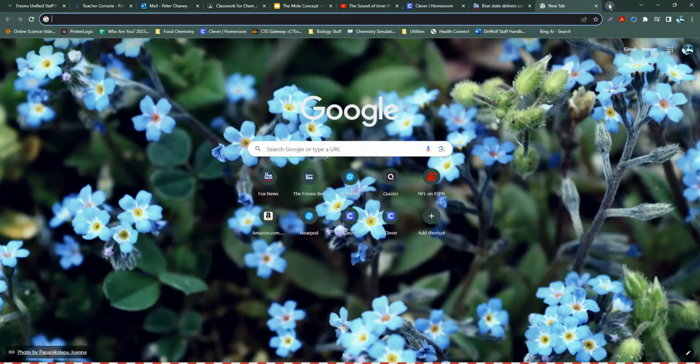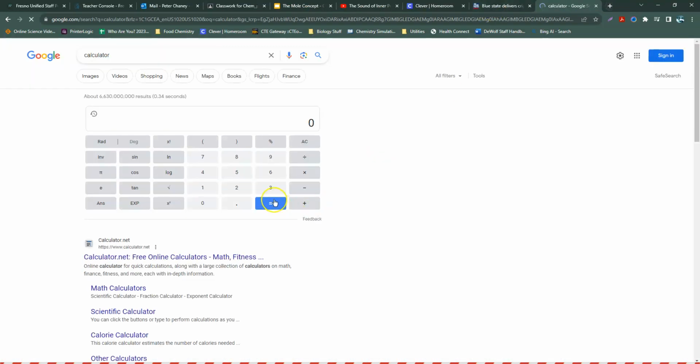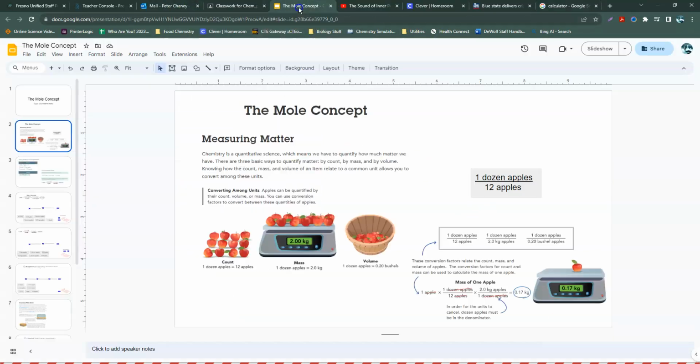So if we get our calculator up, and we do 2 divided by 12, that's going to be 0.016, and they're going to want us to round up on that. 0.016666 rounded up is 0.17, so that's how they got that answer.